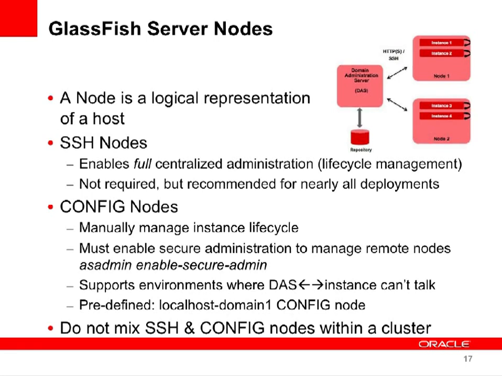So what that means is if you have a config node, you can log into the remote server and simply say start-local-instance, and it'll actually start an instance that way. So using config nodes, you actually have to log into each remote system and start an instance manually. Now, when using config nodes, you'll have to run what's called enable-secure-admin from the command line.